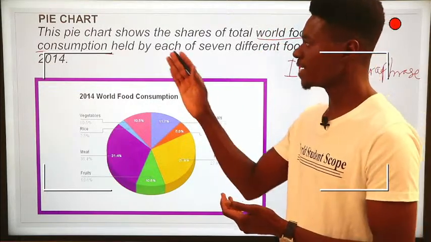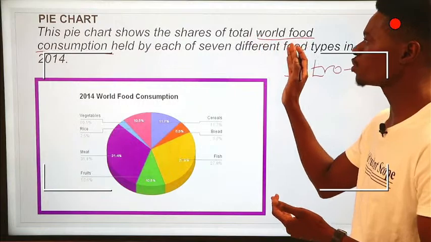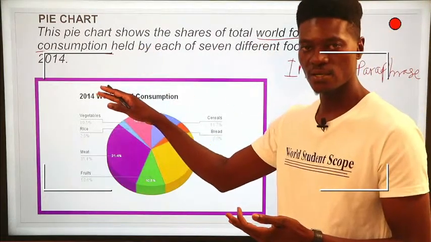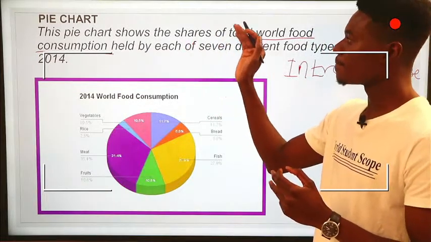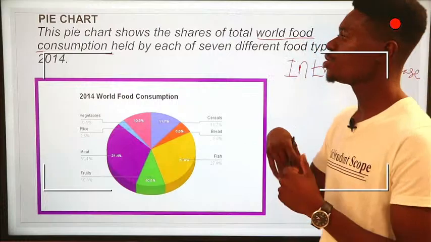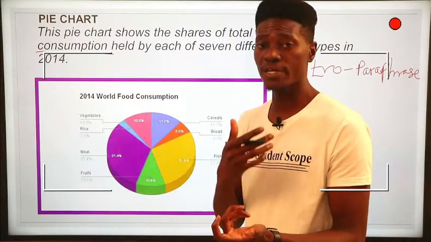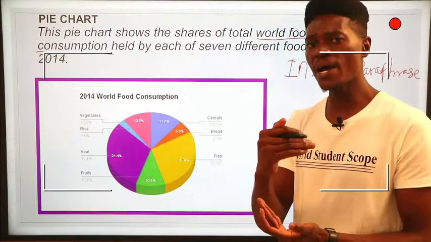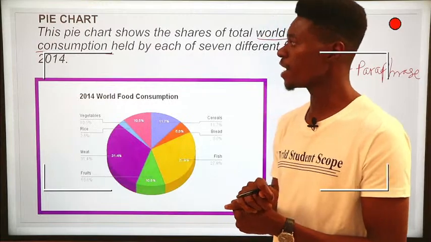Okay, so we can say this pie chart shows the shares of total world food utilized, or you may try to say also this pie chart shows the shares of the total world food used, okay, or spent or consumed. So this is how we paraphrase your question. That is the introduction you have to bear in mind.